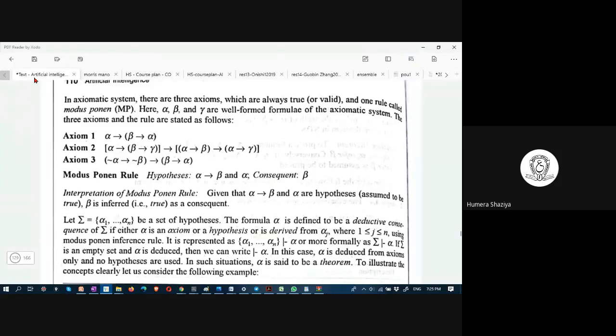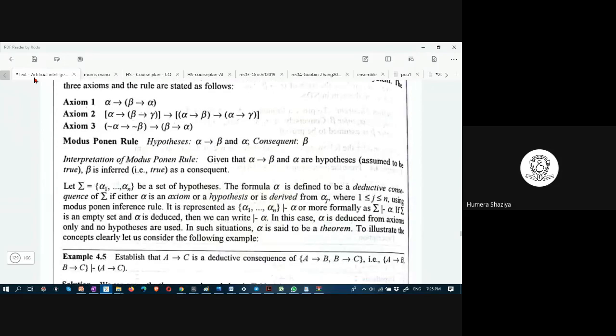And modus ponens, the rule of deduction, is: if a hypothesis is alpha implies beta and alpha, the consequent is what we derive. Hypothesis means which is given. If it is given that alpha implies beta and alpha is given, then beta can be derived from this statement.